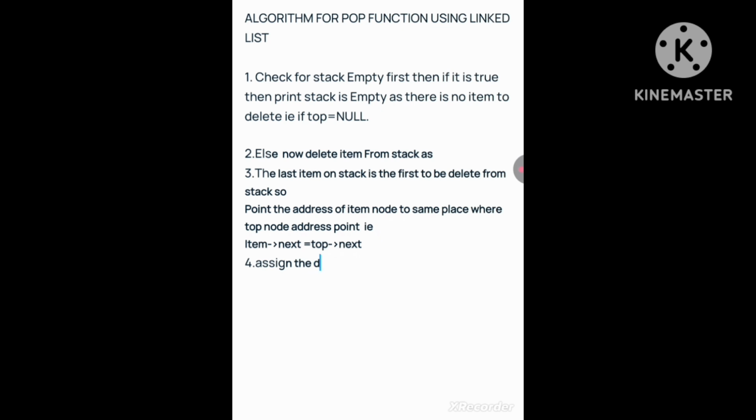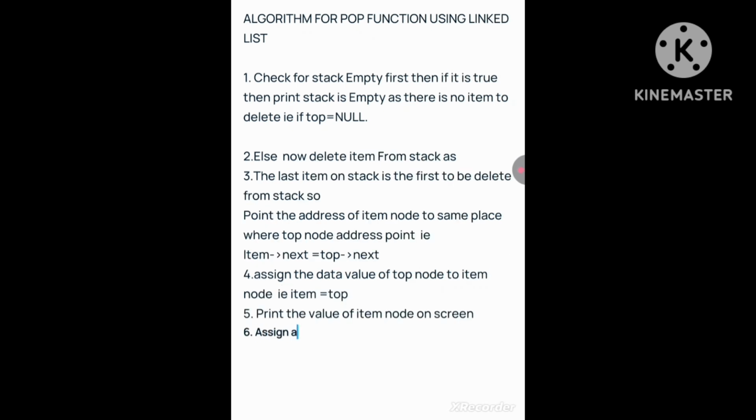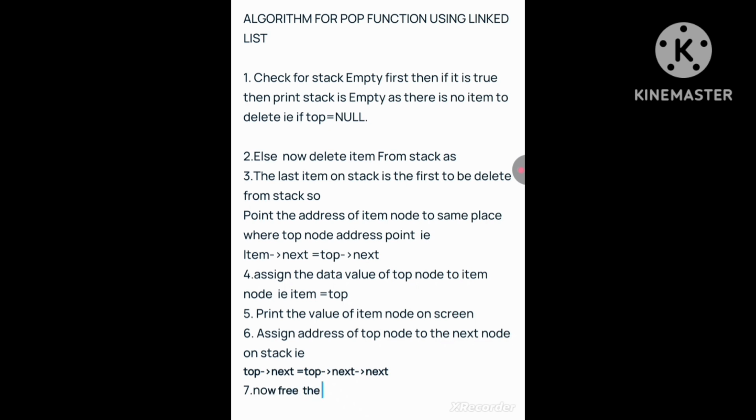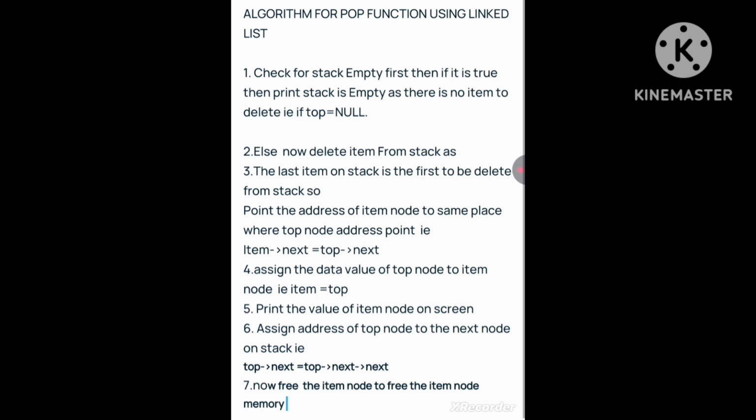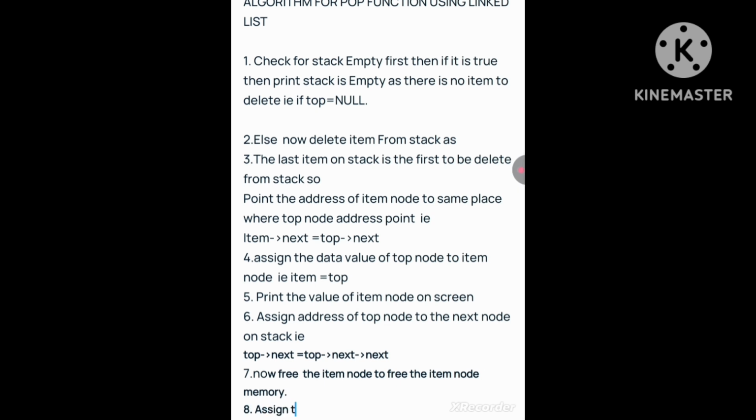After that we will print the value of the item deleted or popped from the stack onto the screen and join the top pointer to the next node on the stack, that is by assigning top of next to top of next, and then we will free the item node to the memory location, and at last we will modify the value of top pointer to be top of next.